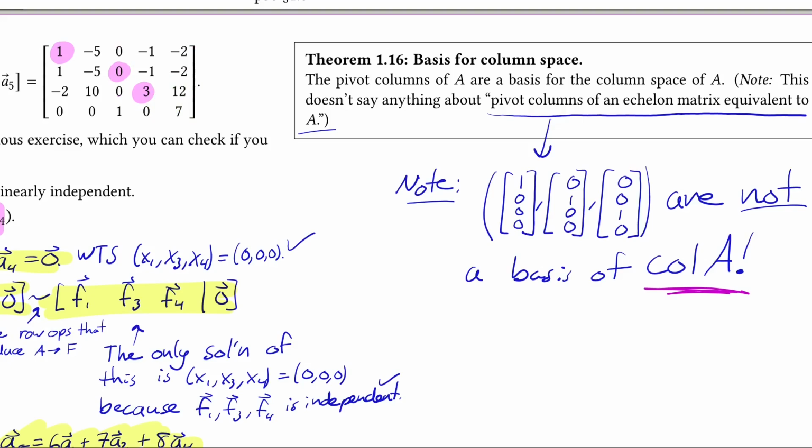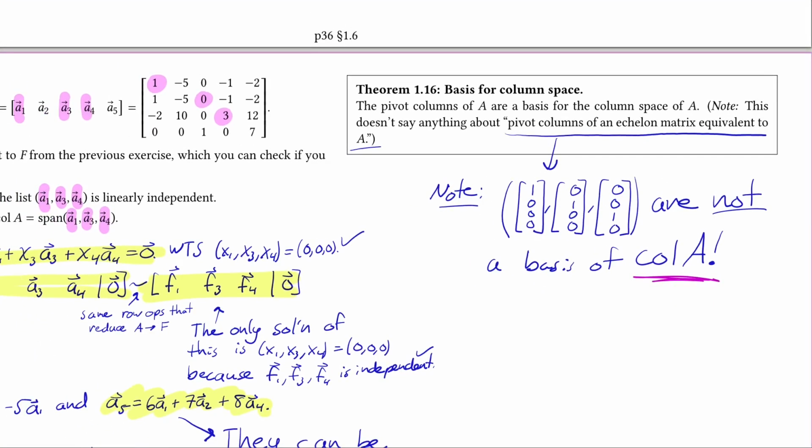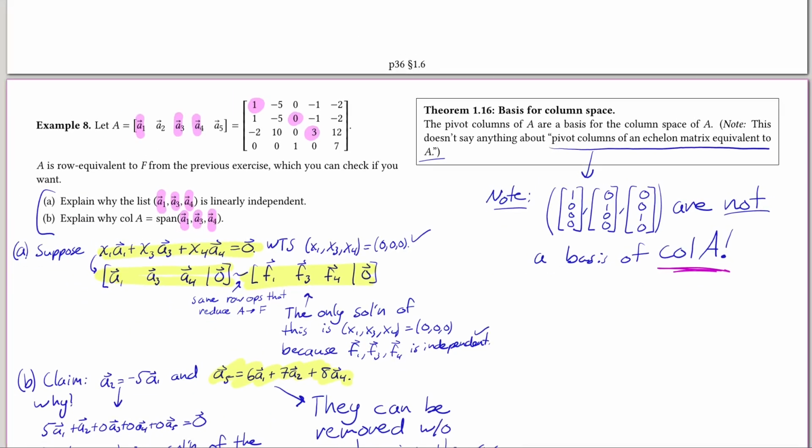So the column space of A definitely contains vectors that are not multiples of the pivot columns of F. So you've got to take the pivot columns from A itself, not from another matrix that's row equivalent to A. Okay, so that's my one little warning.